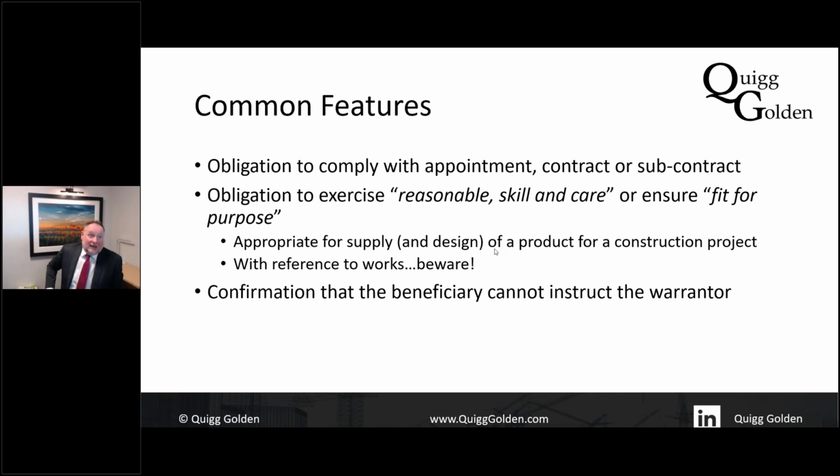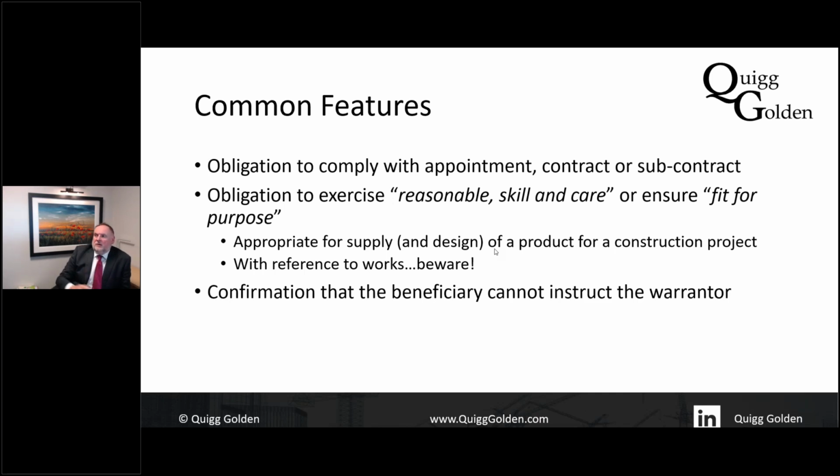The key element in the collateral warranty is the obligation or the promise to comply with the appointment or subcontract that they've entered into. And that's the key feature. There then sometimes are added on to that an obligation to use reasonable skill and care, or to ensure that the work they carry out is fit for the intended purpose.